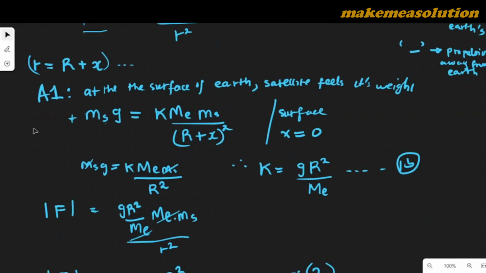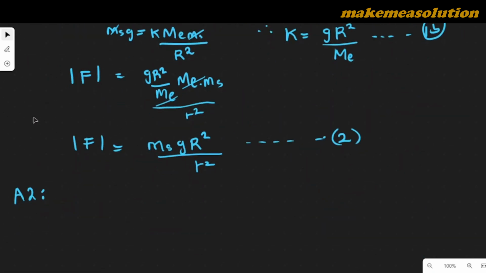So I now want to model a case from my equation 2, when the satellite is away from the earth's surface.